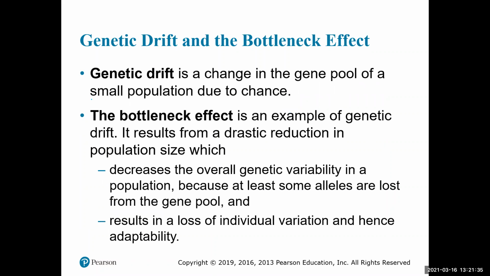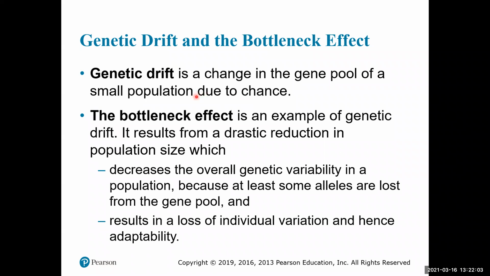So genetic drift is basically a process where you get a change in the gene pool of a small population, and it's primarily due to chance. And genetic drift is stronger in small populations because these chance changes actually lead to significant allele frequency changes. Whereas if you have a large population, that change isn't as effective. Okay.